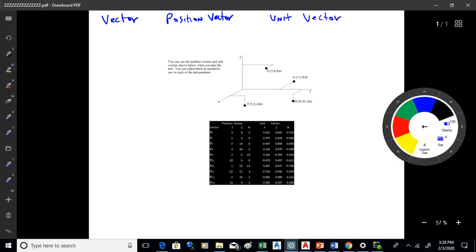I might have vector AB, and for the position vector I'll have a column for I, a column for J, and a column for K, and then the same thing for the unit vector. So you'll have a variety of information about a given vector that you can pull off and use as you wish on the test, okay? The idea is if you use these vectors on the back, you don't have to calculate this stuff every time.